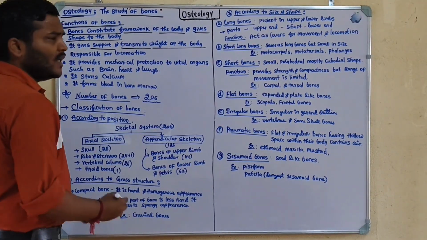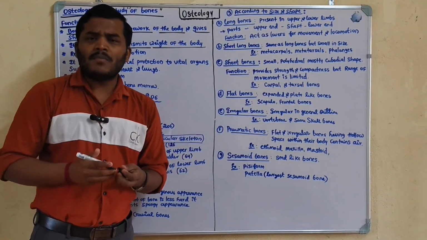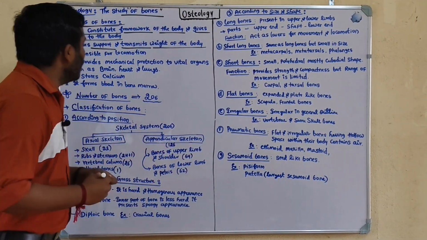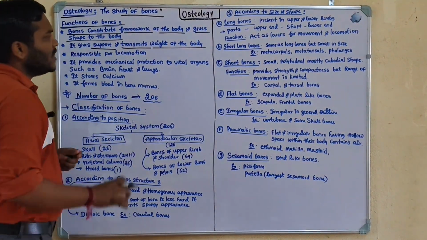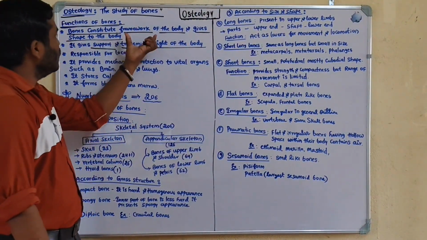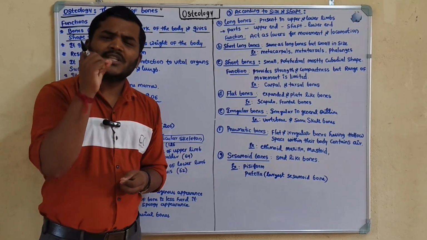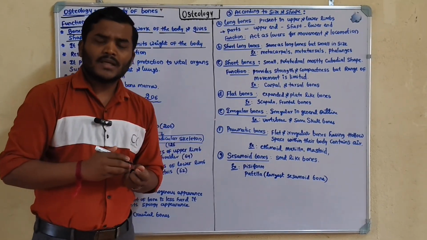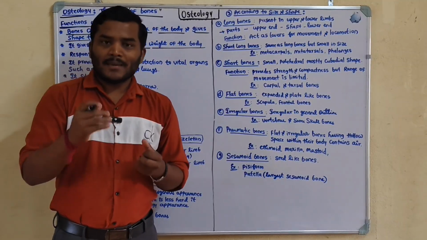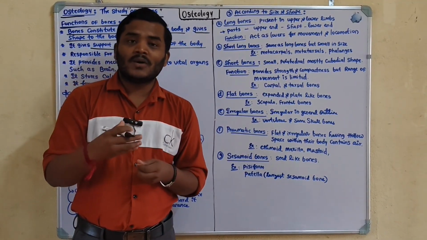Now we discuss the functions of bone. What are the functions of the bone? Bones constitute the framework of the body, and also give proper shape to the body. Imagine our body without bones.